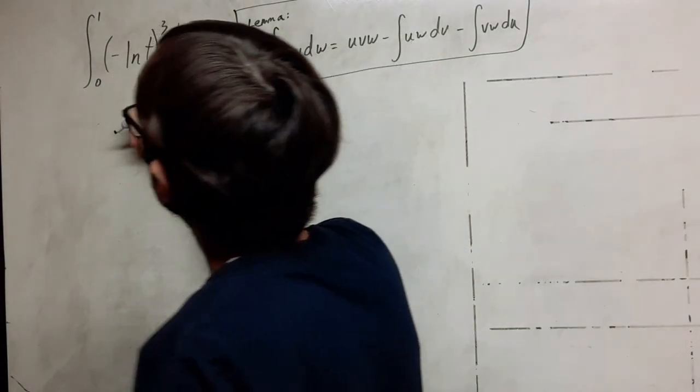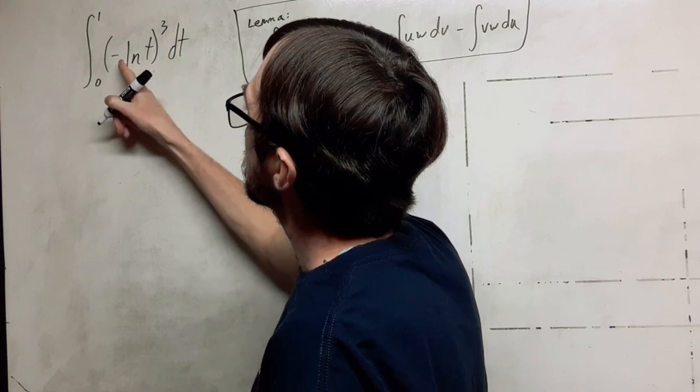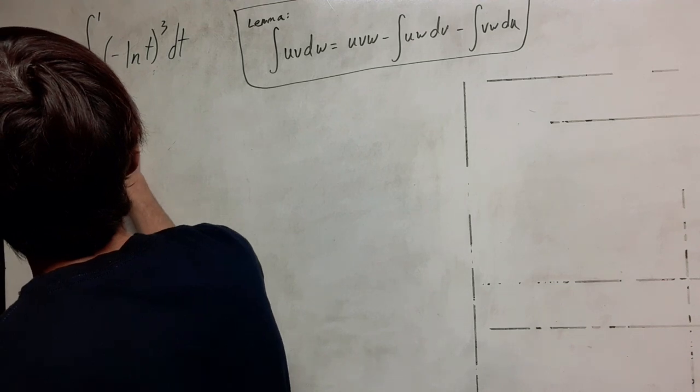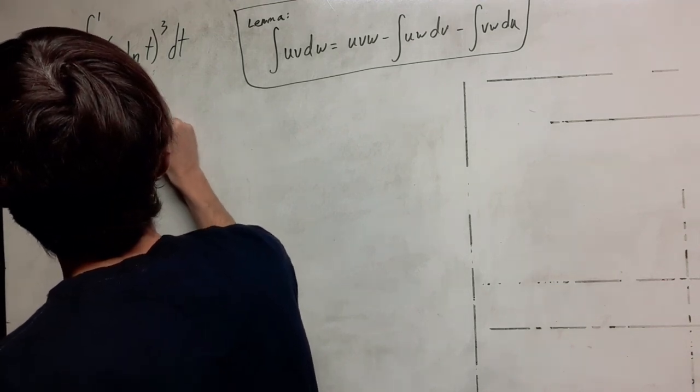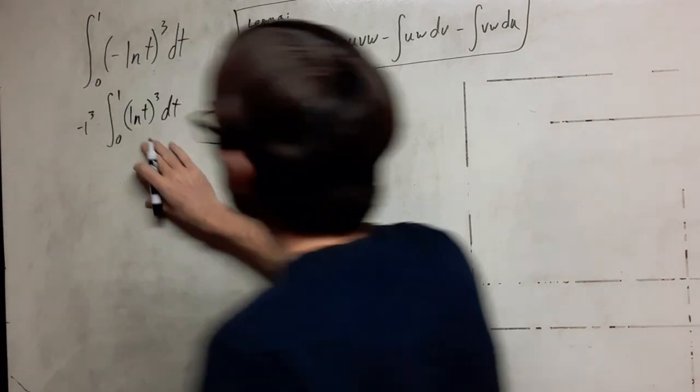Something I want to do to this as I get started is I want to take this negative through the integrand. So I want to pull this -1 to the third power out here and have log t cubed dt.